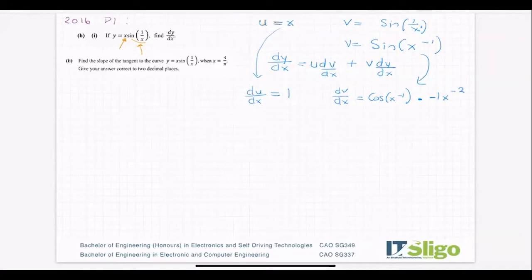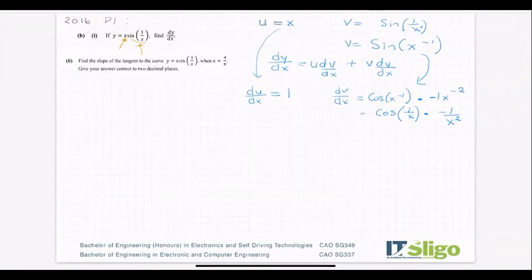Okay, so if we tidy it up a bit, it becomes cos x to the minus 1, which is 1 over x. And I'm multiplying it by x to the minus 2, again using that same reciprocal rule, which becomes 1 over x squared. So you can see I swing things up and down all the time, from below the line to above the line, from above the line to below the line.